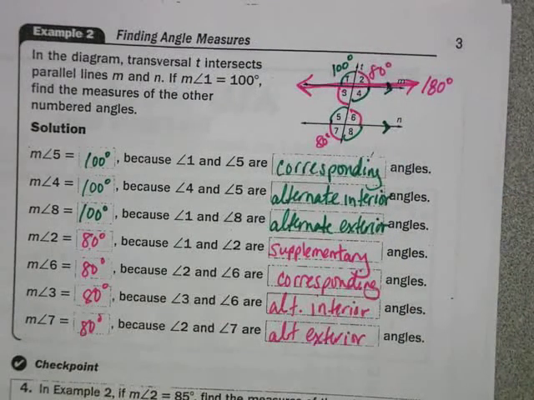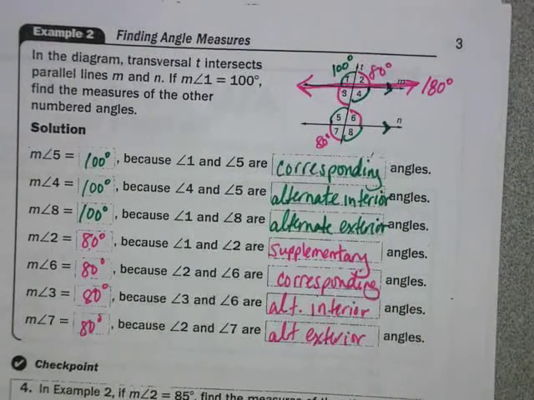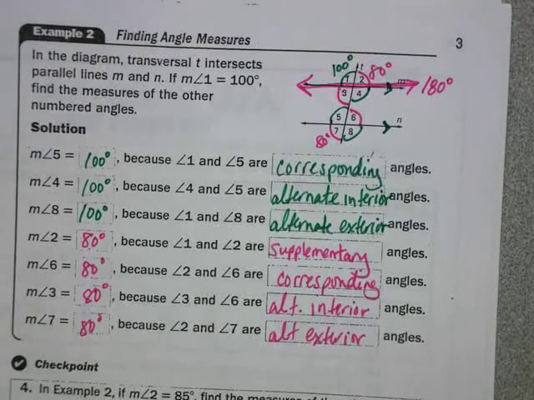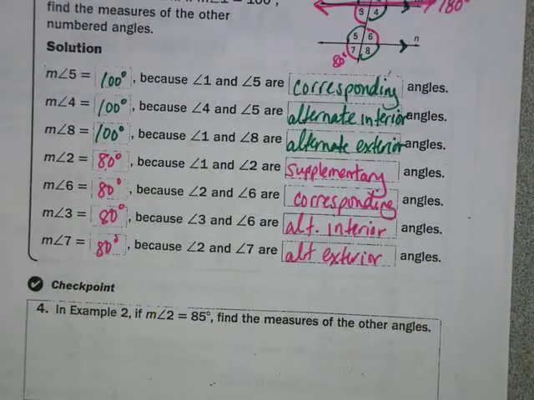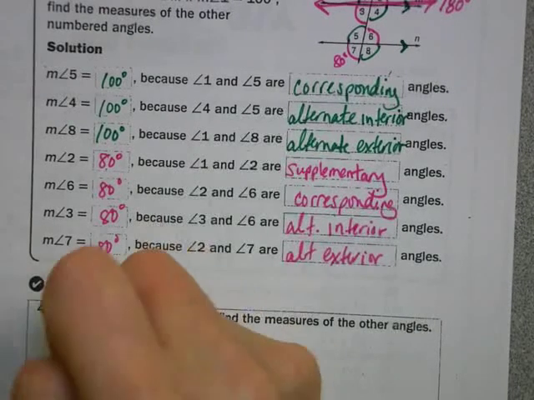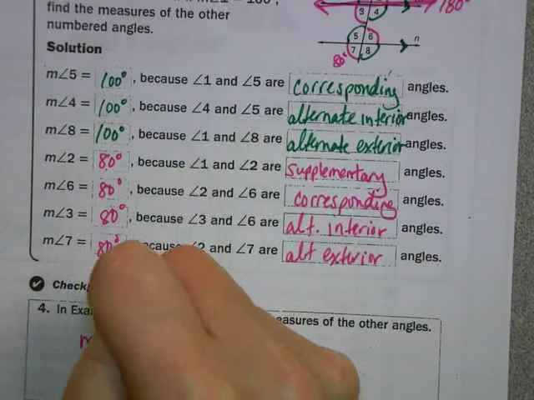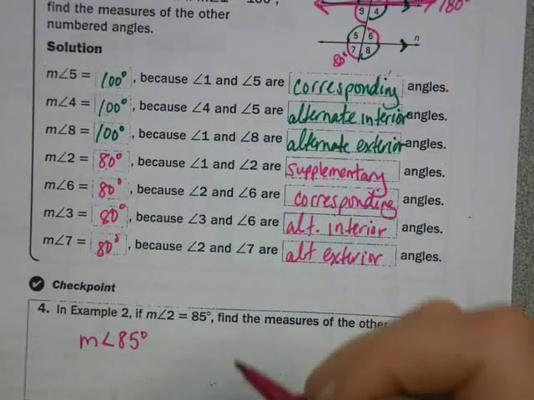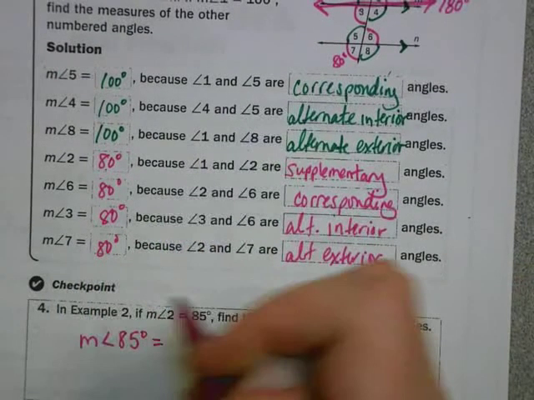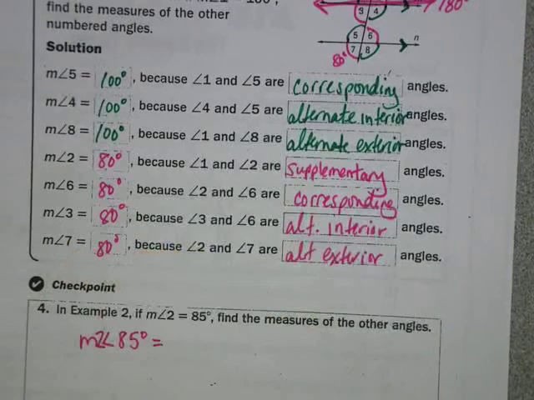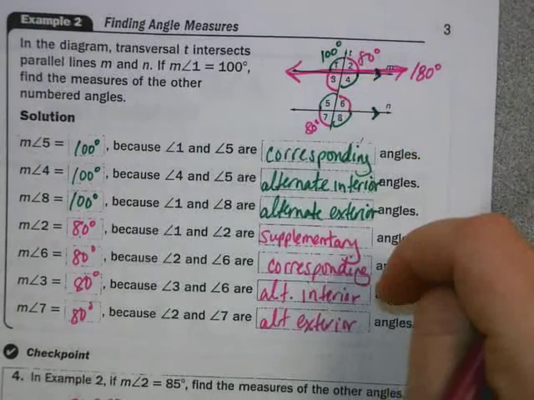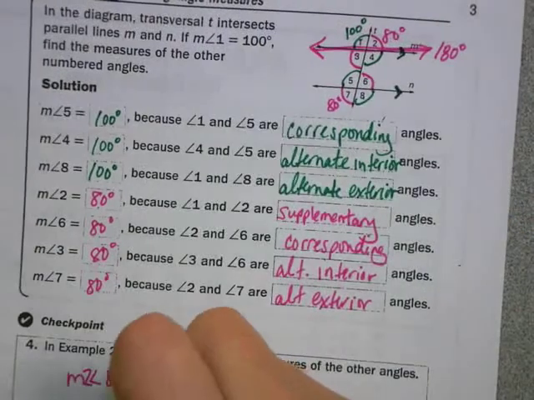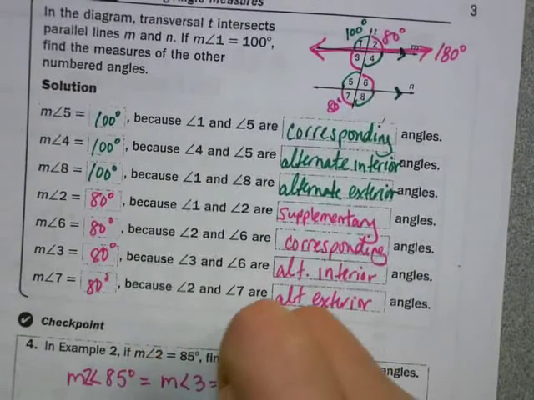Okay? All right, so the next checkpoint here is saying, in example 2, what if the measure of angle 2 was 85? Could you find the measure of the other angles? So if the measure of angle 2 was 85 degrees, what other angles measure 85? Well, I already did a color code for you there, right? So we'd have it equals the measure of angle 3, the measure of angle 6, and the measure of angle 7.